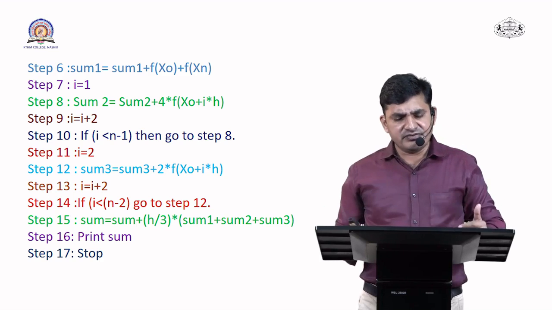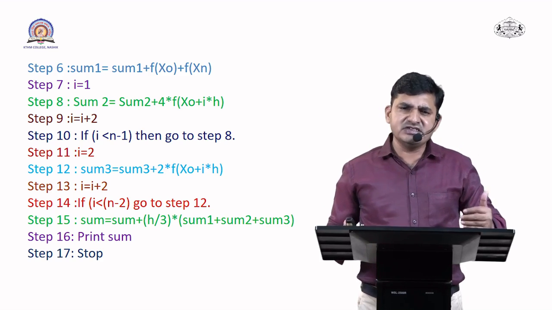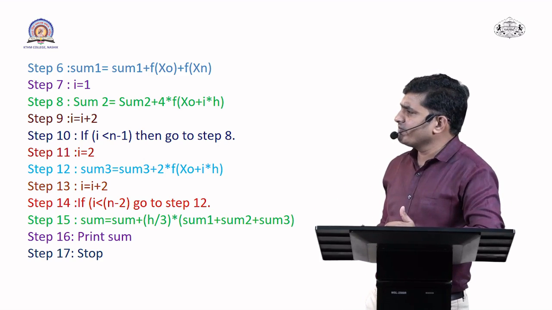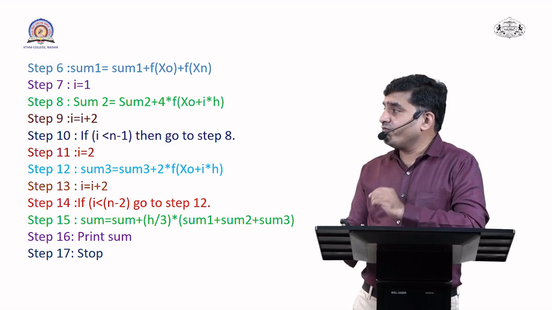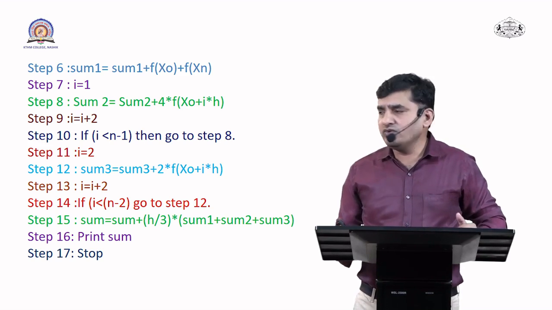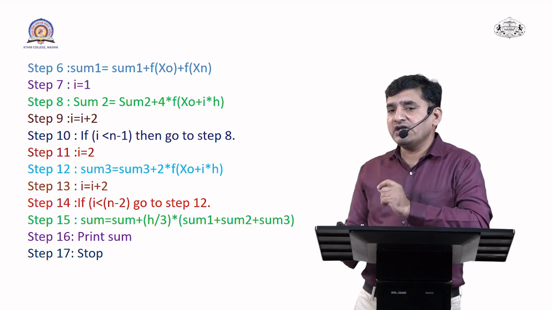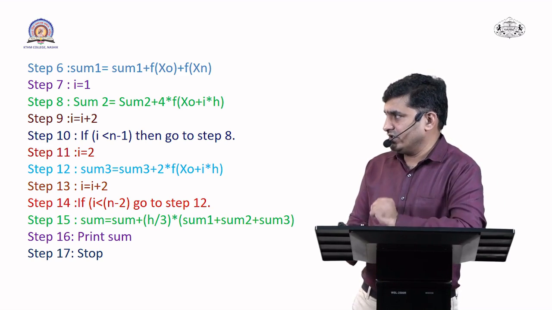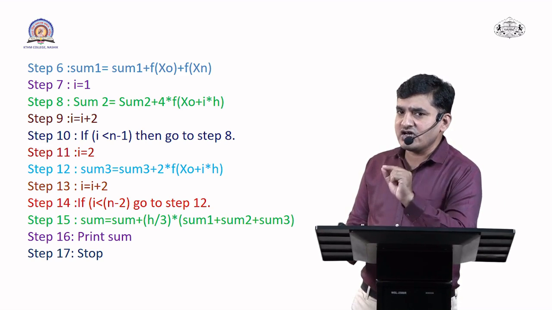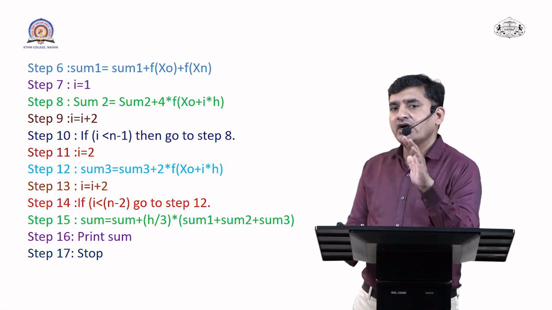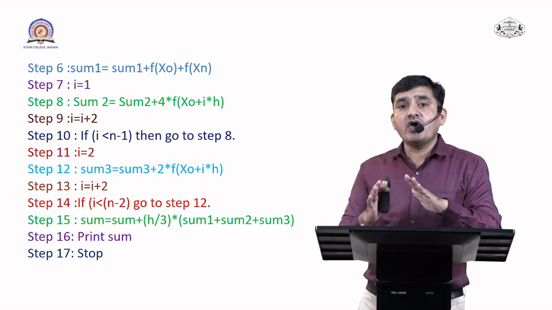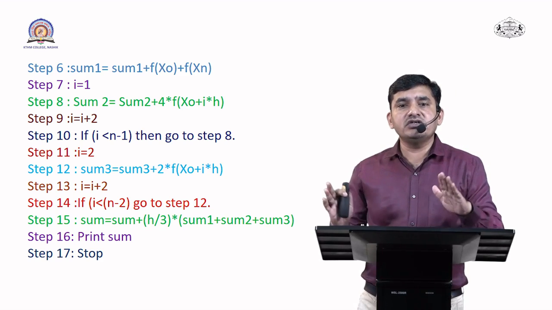Now consider I is equal to 1. This is the initialization. Then sum 2 is equal to sum 2 plus 4 into f of x0 plus I into h. That is, sum 2 represents 4 in bracket all odd terms.